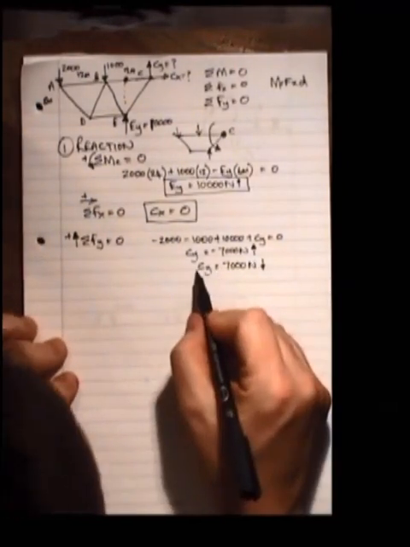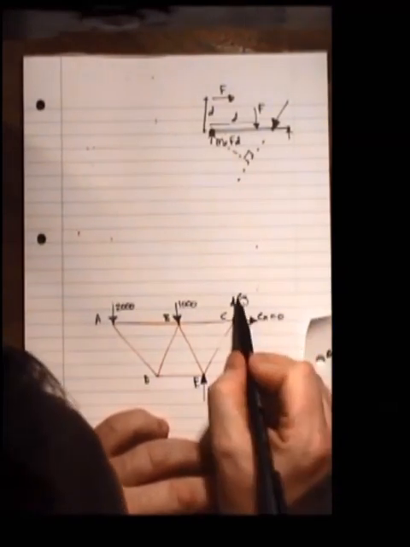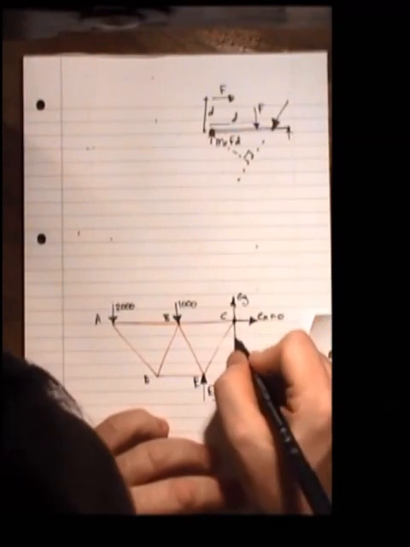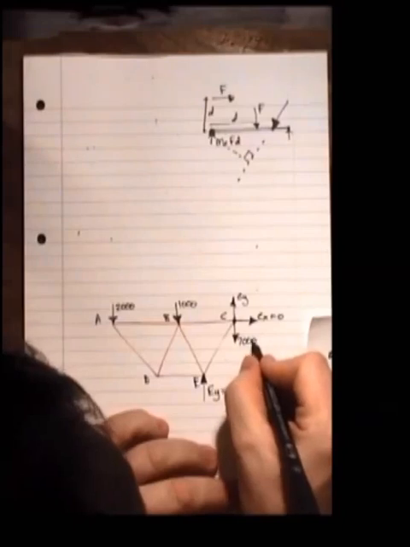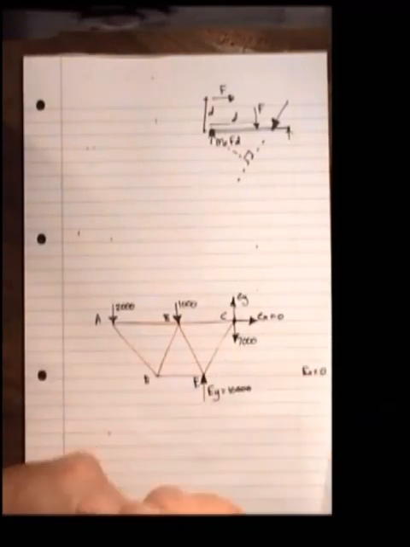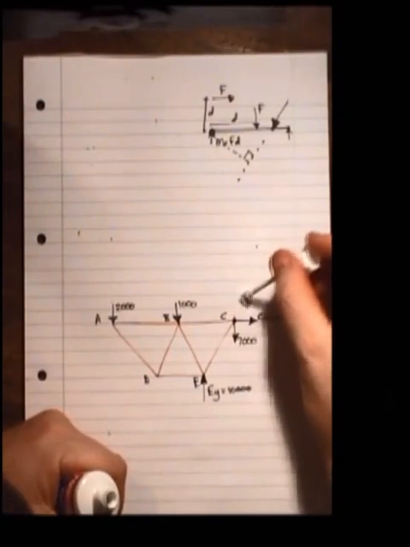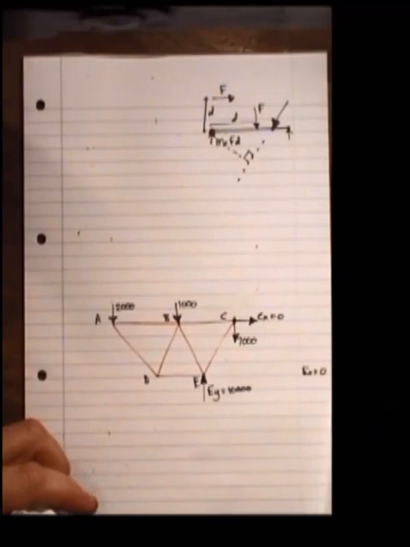So I'll draw these onto my free body diagram. I've got Cx equals 0, and my reaction is not going upwards, my reaction is actually going downwards, and that's 7,000. So now I've got my reactions.